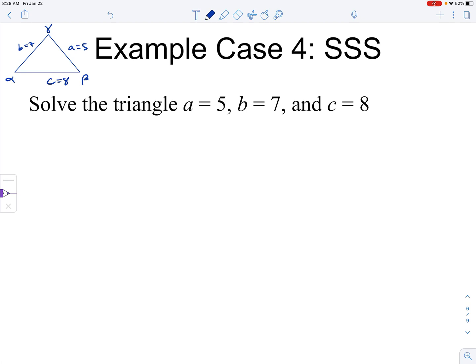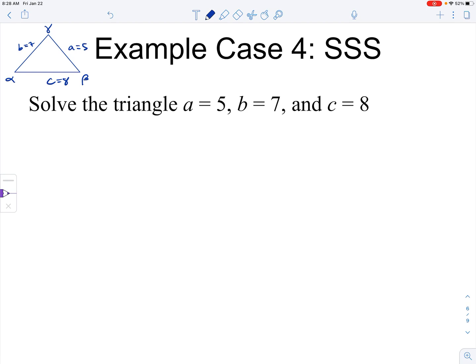Now, if you look at the examples in your textbook, Cynthia Young uses law of cosines to solve for the largest angle and then switches to law of sines. That's not wrong, but you have to be very careful if you do that, and I do not recommend that you do that.